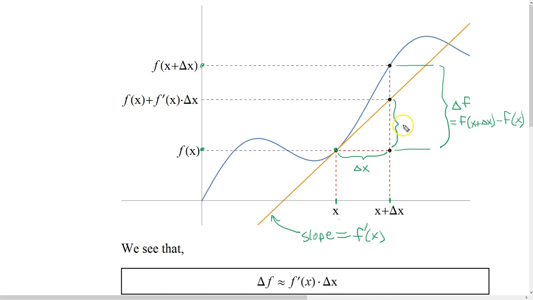If you don't see that, suppose we call this distance h right here. Well, notice h over delta x, that's equal to the slope of the line, right? So multiplying the delta x over, you see we get that this h is equal to delta x times f prime of x.